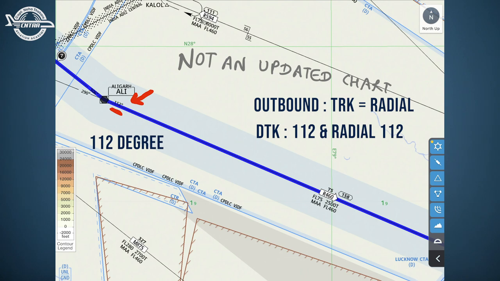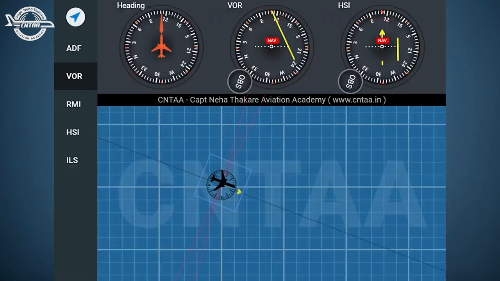While flying outbound, as you know, track and radial is the same. Hence, desired track in this case would be 112, and you must select the desired track in the OBS. Hence, you should select 112 in the OBS.